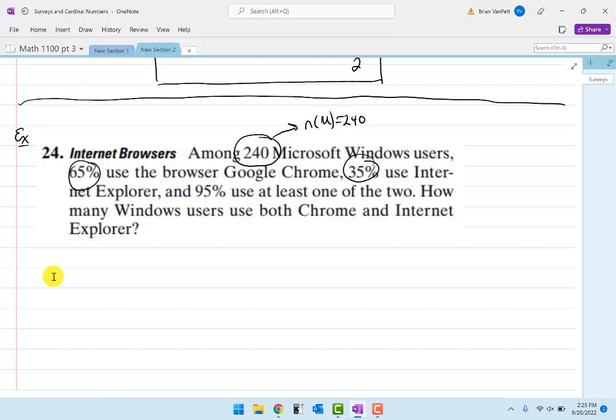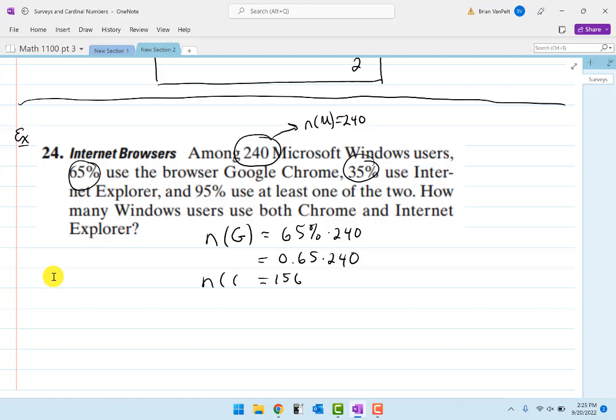To get the number of people that use Google Chrome, I guess I'll use a G. The number of people that use G for Google is 65% times 240, or 0.65 times 240, and that number is 156.